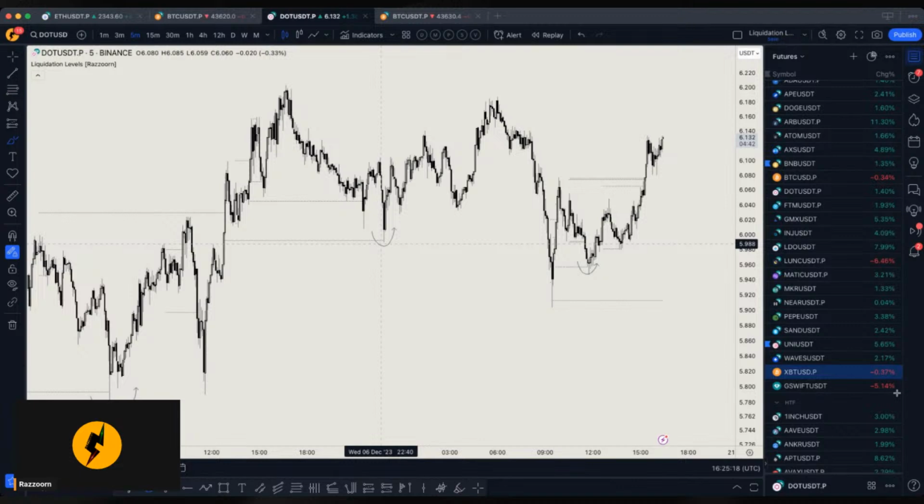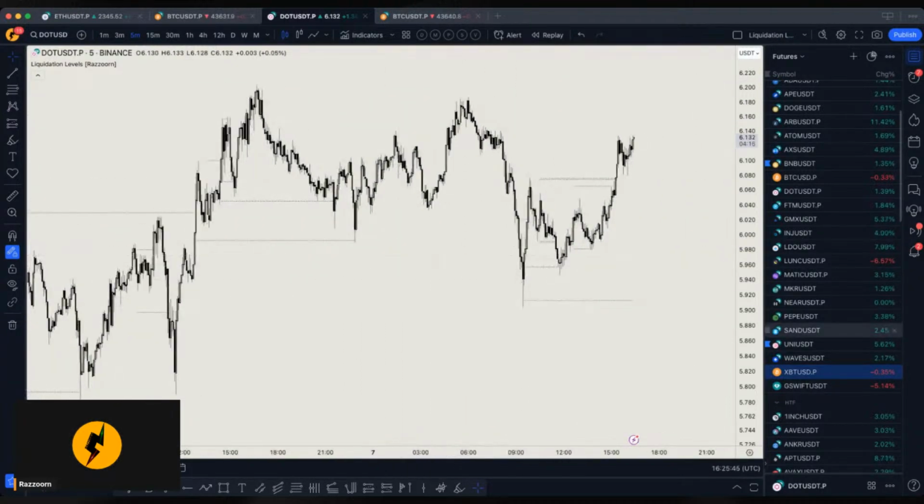But when you see these levels, and how they perform and support the price, in these three examples you see that these moves are not really random, and they're not noise. They have to happen in order for price to go higher.